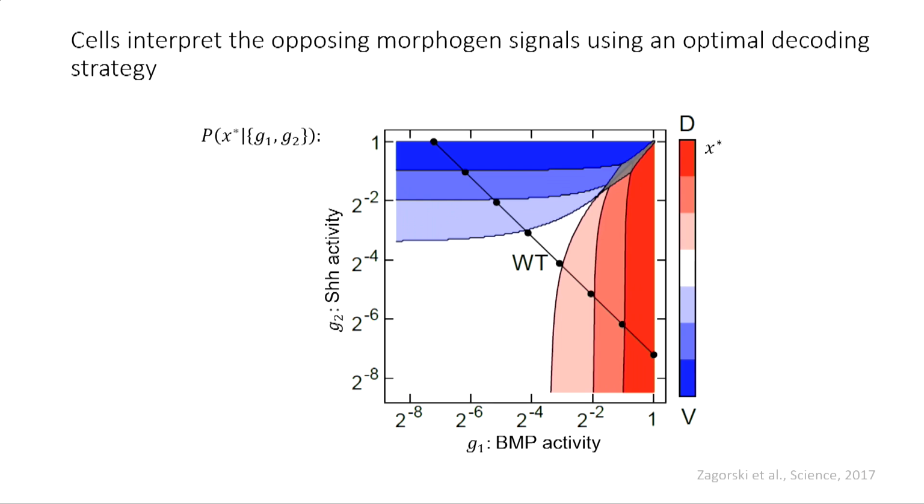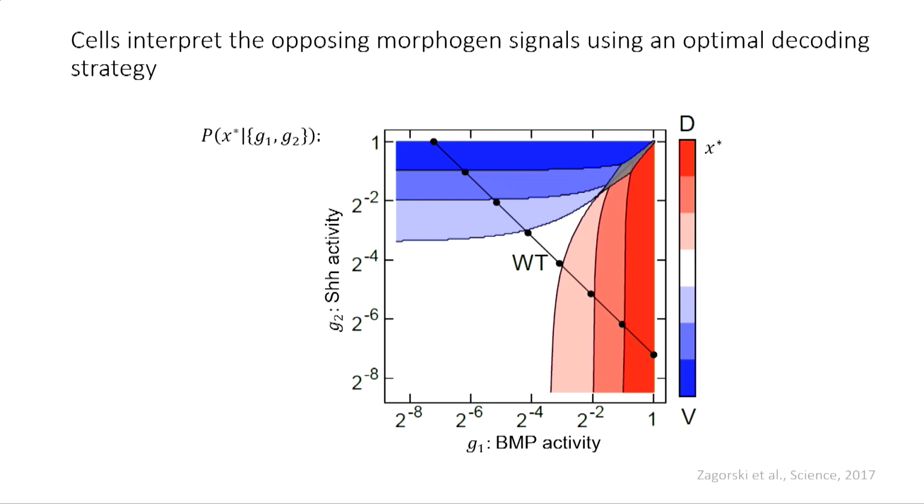So again, we had 2 exponential decays. If you plot that in log, this creates a line. And what we could see is that close to the wild type concentration, the prediction is that these dots should ideally overlap with the lines, with the boundaries between these 7 domains, and they mostly do.